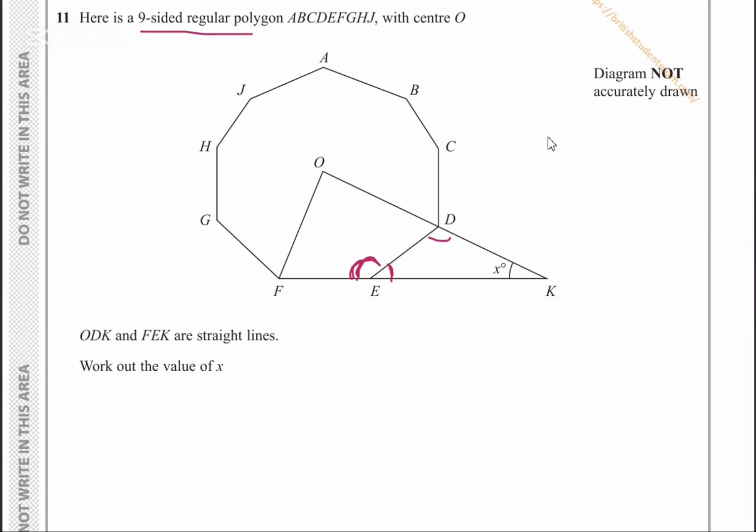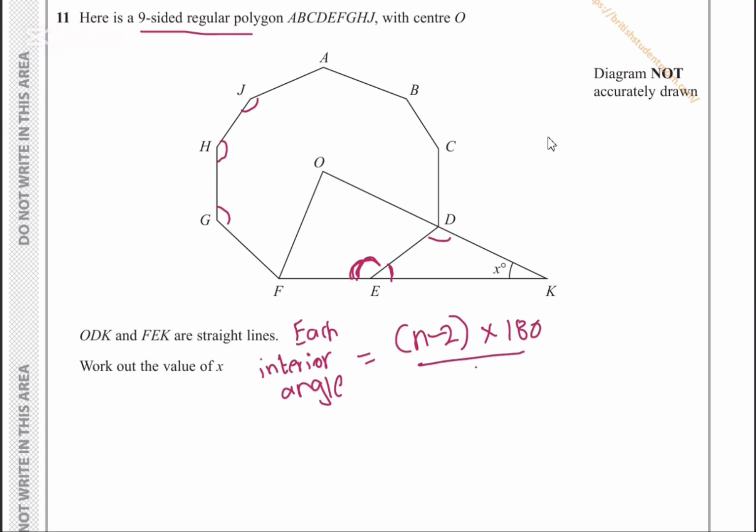So how do I find each interior angle? All these are interior angles, the ones that I'm drawing. Each interior angle of a regular polygon, there's an equation you should know. Each interior angle would be n minus 2 multiplied by 180 divided by n, and n is the number of sides.